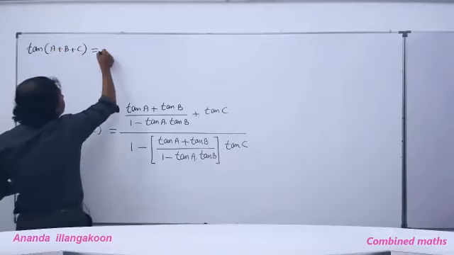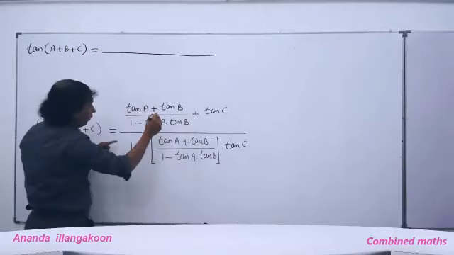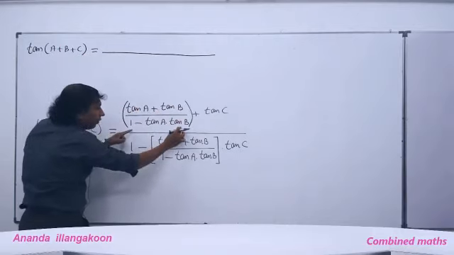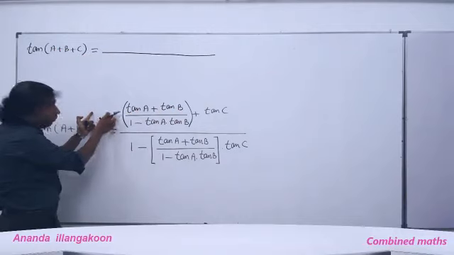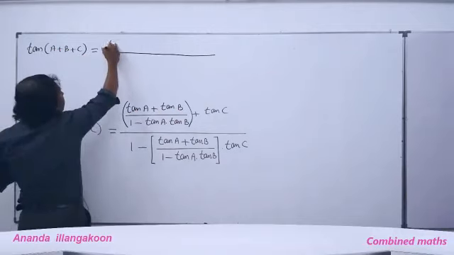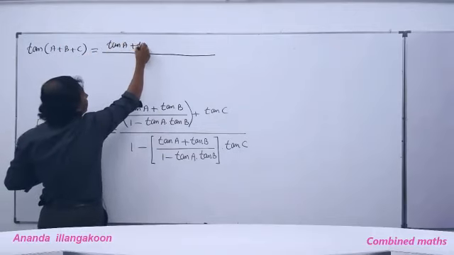When you multiply this term by this, this and this can be cancelled out. So what do you get? Tan A plus tan B only.